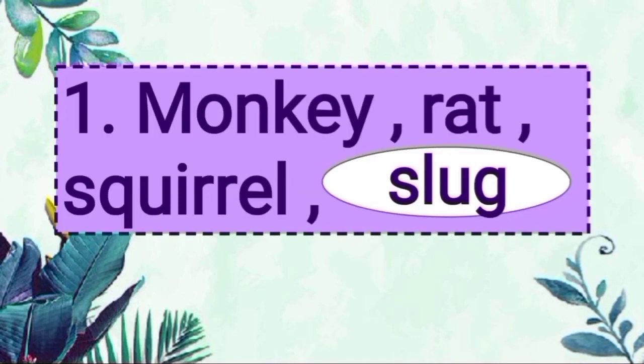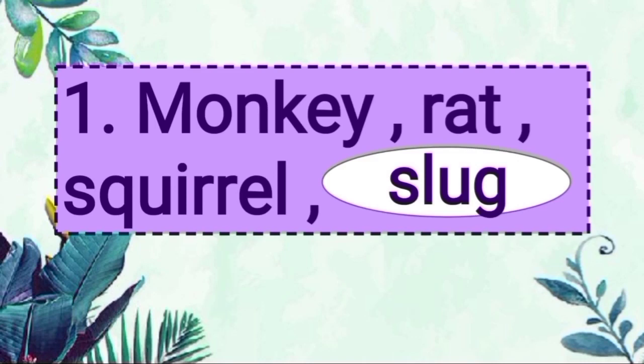First word, monkey. Second word, rat. Third word, squirrel. And fourth word, slug. As you know, animals that do not have a backbone are called invertebrates.